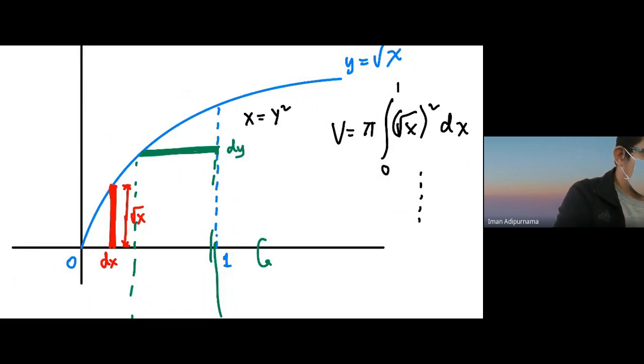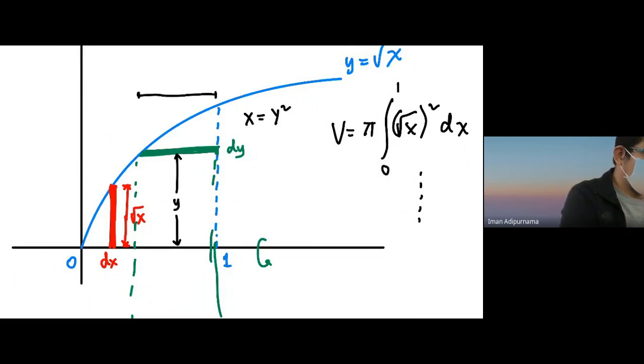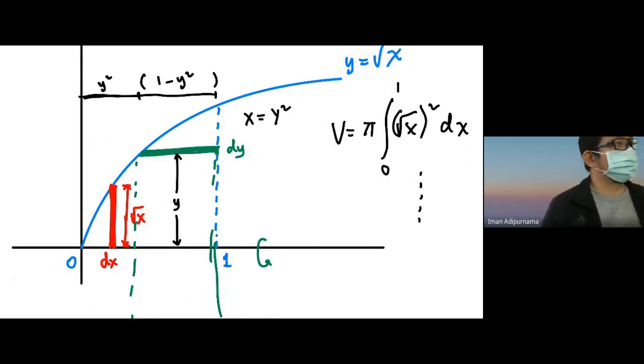Now we have the radius from here, the shell radius is y, right? And the height, this is the height. But we also have here the y squared, and this is until 1, so this will be 1 minus y squared, right?